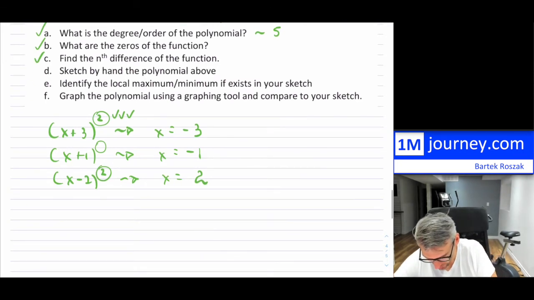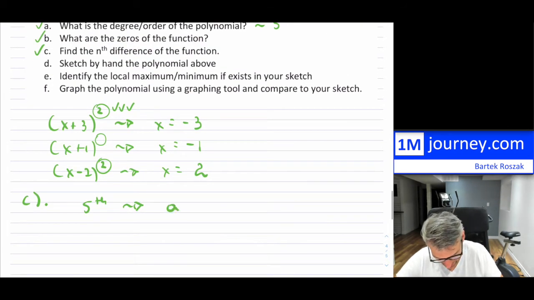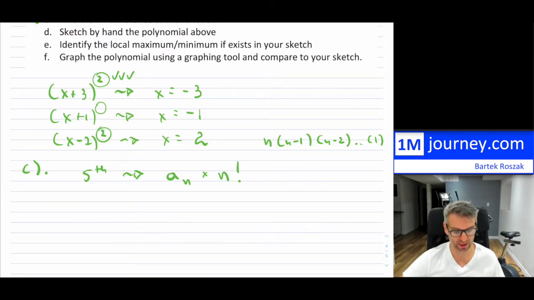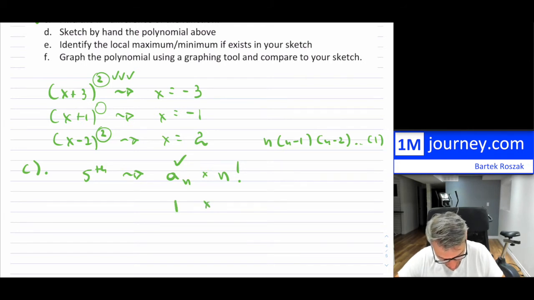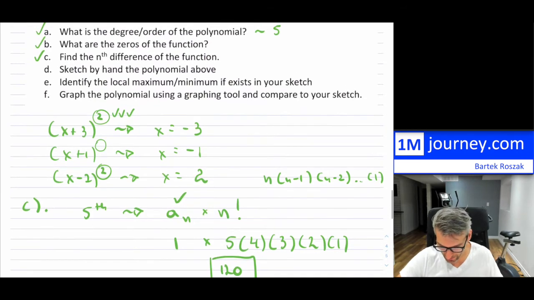So for part C, the nth order, which is the 5th order, the a of n, remember the formula is this times n factorial, and n factorial is n times n minus 1, n minus 2, and so on, basically multiplying these and bringing them down. So this a of n is 1 times, this is to the 5th, so 5 times 4 is 20, 60, 120. All right, so that would have been your answer for the nth difference.